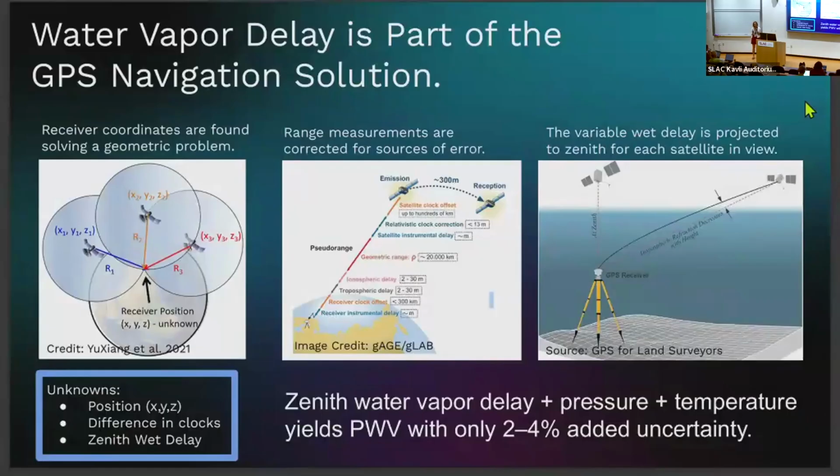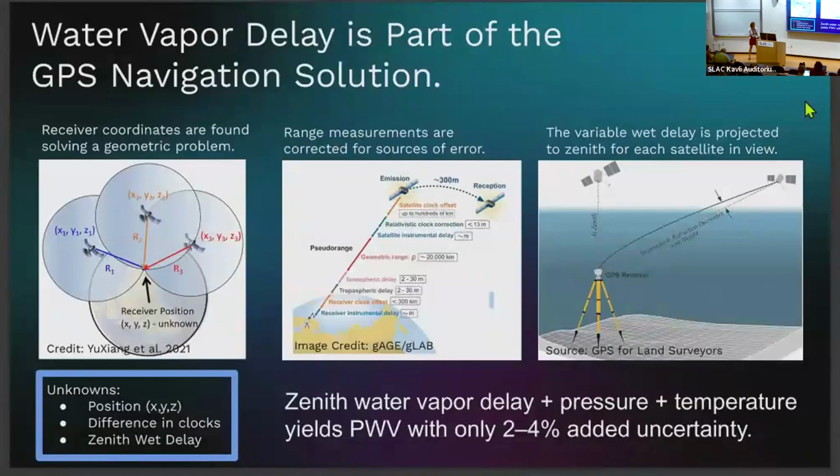But before we can do that, we have to correct the range for a whole host of errors. So we have to consider special and general relativity, the ionosphere, the troposphere, instrument delays, receiver delays, even Earth deformation effects due to the tide. We actually understand how to do this very well. And so the effect of the troposphere on the signal is a delay in the arrival time.